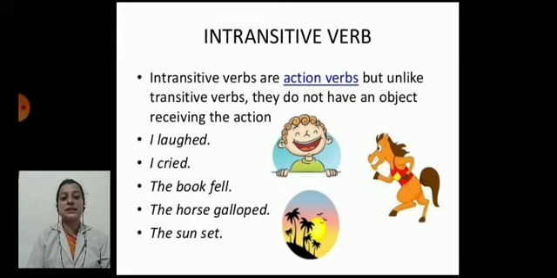The book fell: the book is the subject, fell is the action verb, not followed by any object, so it's an intransitive verb. The horse galloped: the horse is the subject, galloped is the action verb, not followed by any object, so it's an intransitive verb. The sun set: the sun is the subject, set is the action verb, but it's not followed by any object, so it's an intransitive verb.